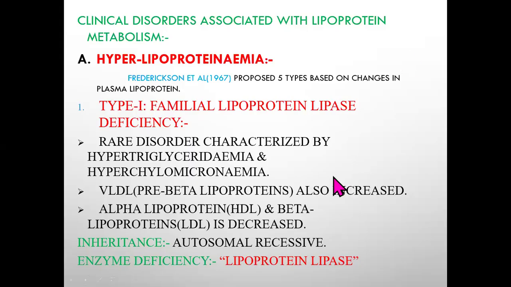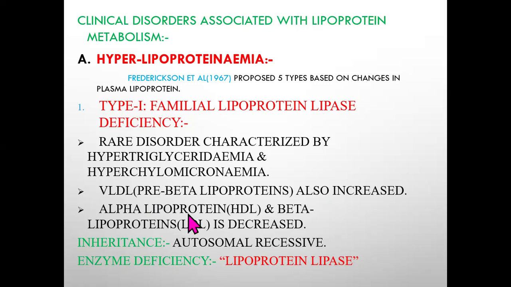Okay, now clinical disorders associated with lipoprotein metabolism. We have hyperlipoproteinemia, and we have type 1, which is called familial lipoprotein lipase deficiency. It is a rare disorder characterized by hypertriglyceridemia and hyperchylomicronemia. We have very low density lipoprotein, VLDL, which is now pre-beta lipoproteins, also increased.